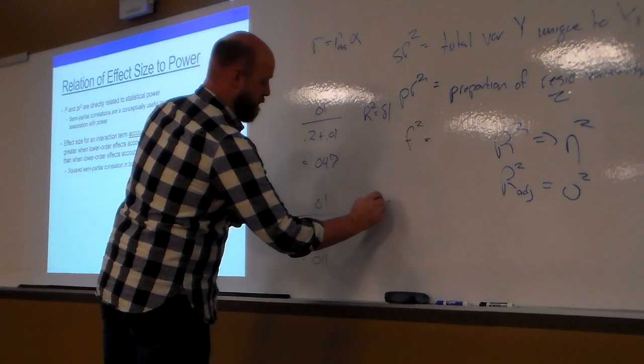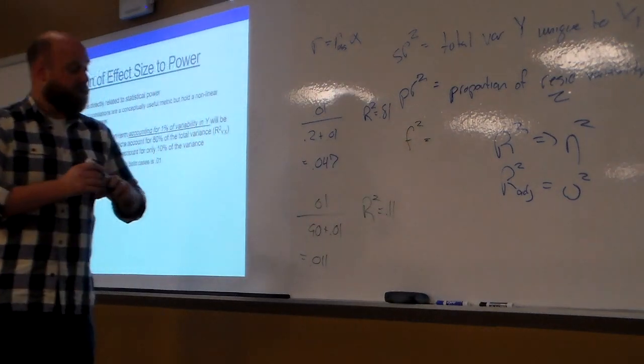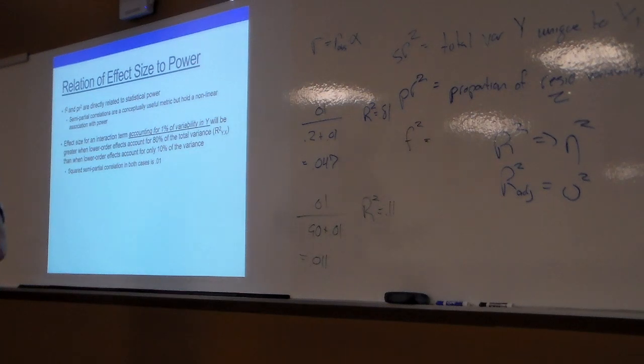Here, my R squared is, right? So my effect size, my partial correlation here, same situation, right? And in both of these scenarios, my squared semi-partial correlation is still 1%, right?